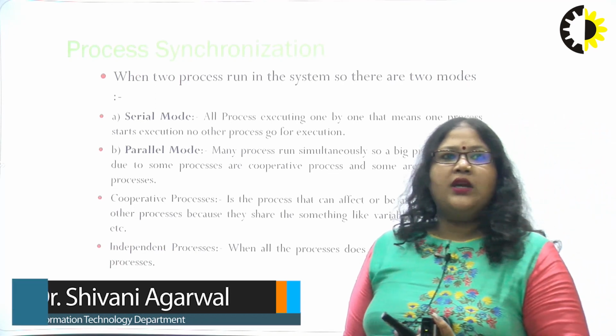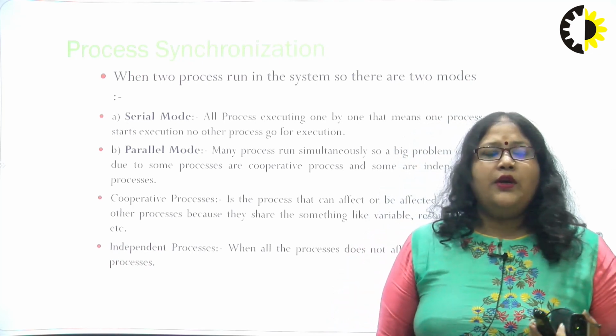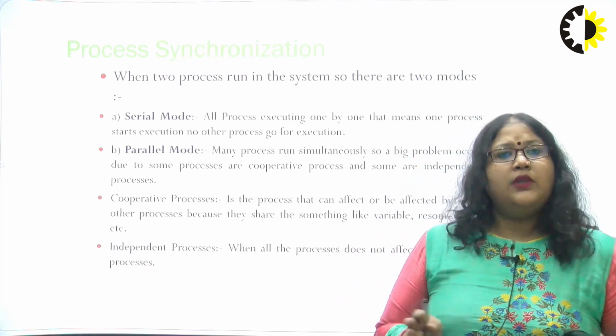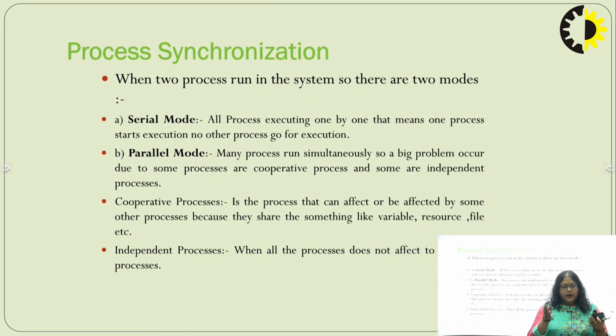What is process synchronization basically? When two processes run in the system, there are two modes. The first mode is the serial mode, the second is the parallel mode. In serial mode, all the processes execute one by one, not concurrently.